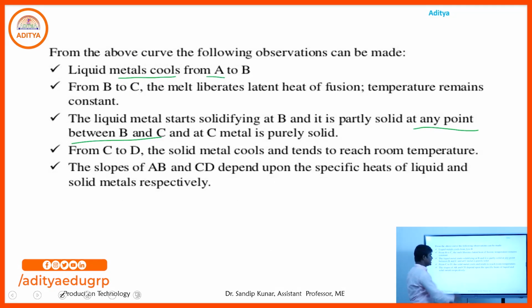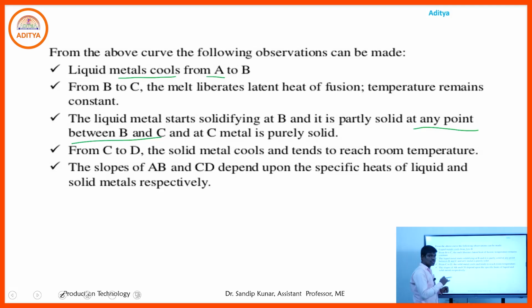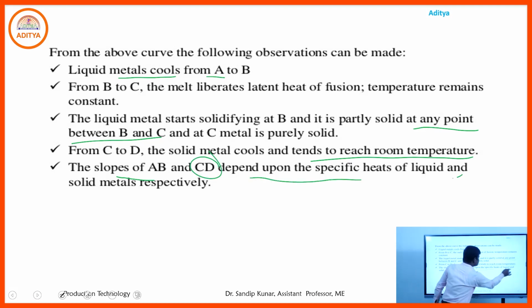From C to D, the solid metal cools and tends to reach room temperature, since the poured molten metal was already fully converted into solidified product at point C. The slopes of AB and CD depend upon the specific heats of the liquid and solid metals.